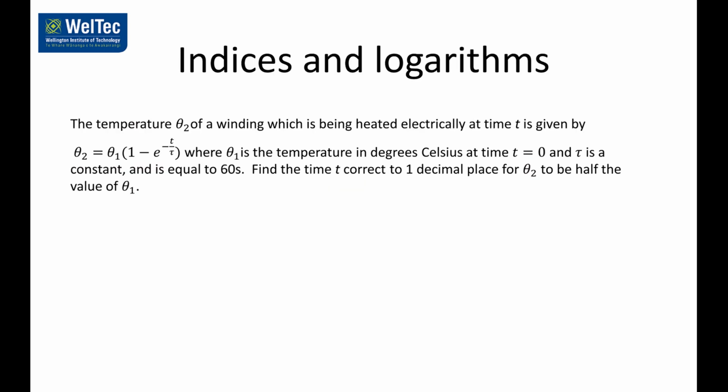This is the whole point of learning about logs, so that we can use logs to solve equations. So we've got a situation there, and we have that theta 2 equals theta 1 times 1 minus e to the negative t over some constant. Okay, let's work our way through it. A lot of this we can do without even thinking about logs.